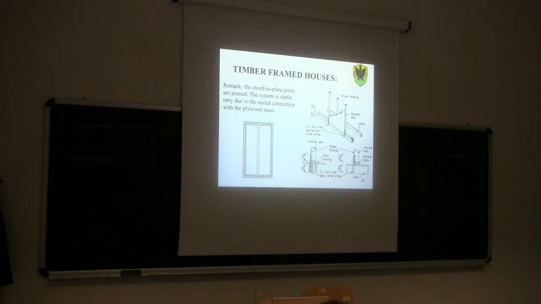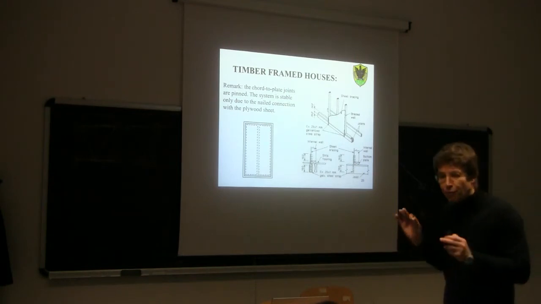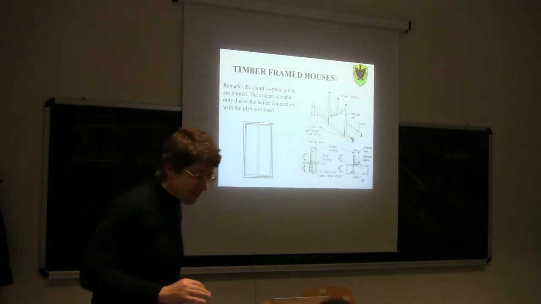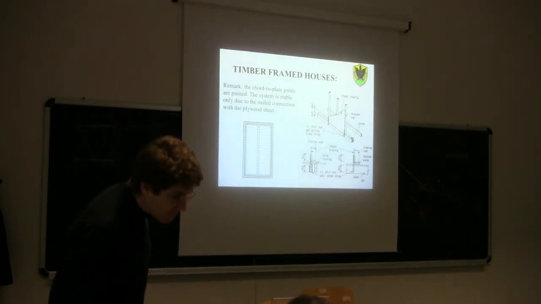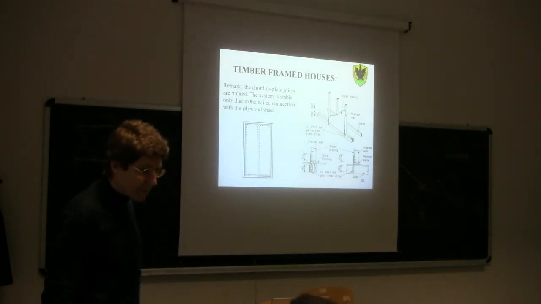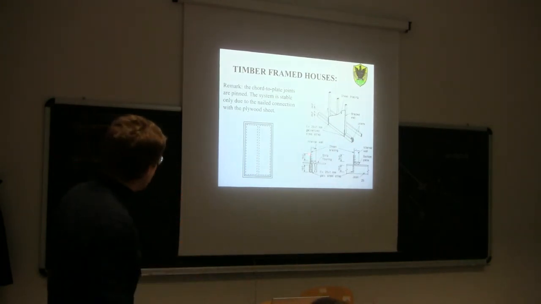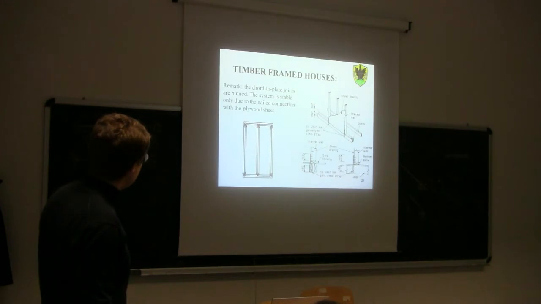Okay? What would be a possible way to make this connection between the sheathing and the frame fully rigid, in your opinion? The diagonal, you mean? So, for example, here, what would you do?